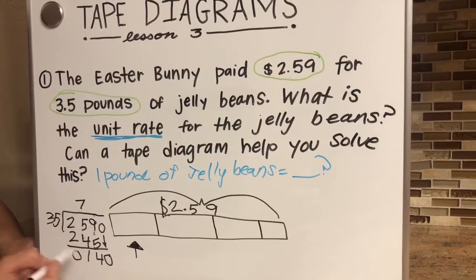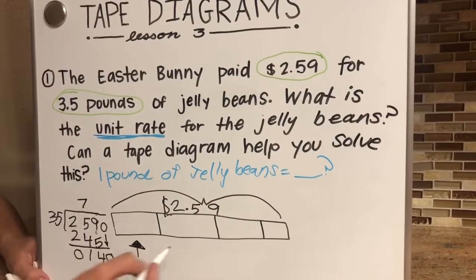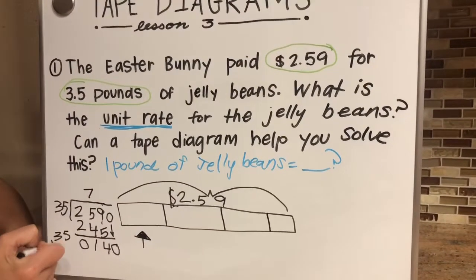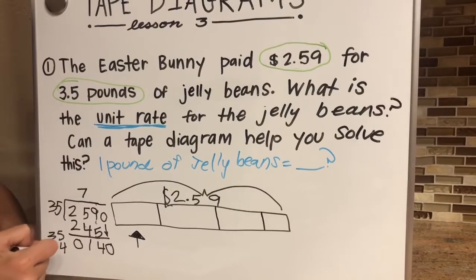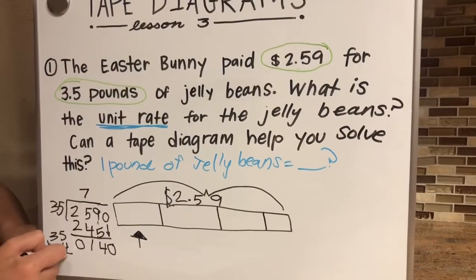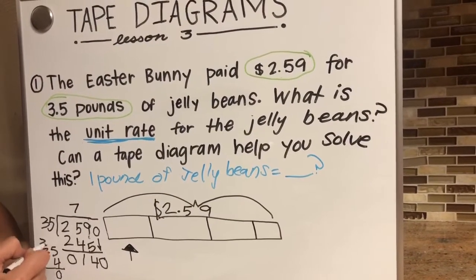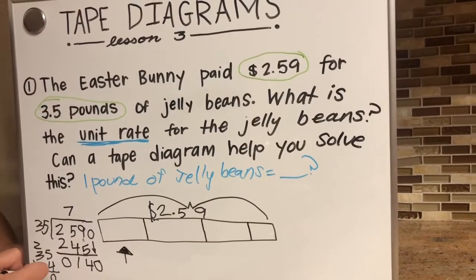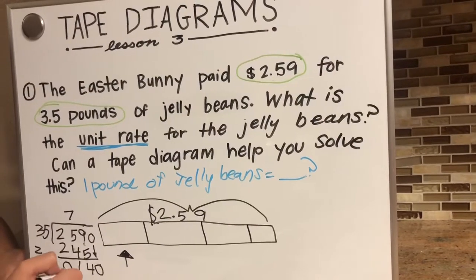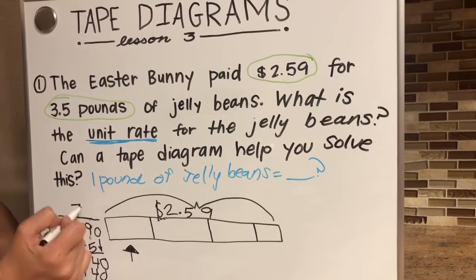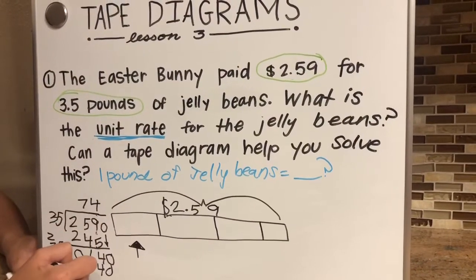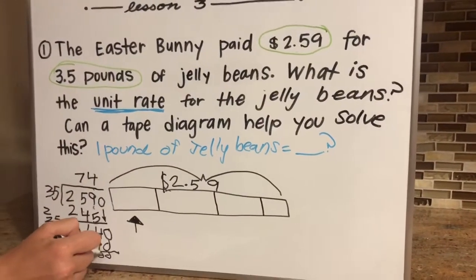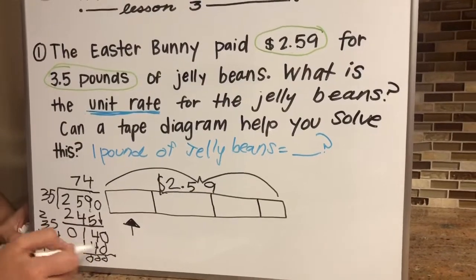So we have 140 and 35. Let's try 4. 4 times 5 is 20. 4 times 3 is 12 plus 2 is 14. Ooh, that went in perfectly. So 140, I'm going to bring the 4 up here, and we're going to subtract 140 from 140.